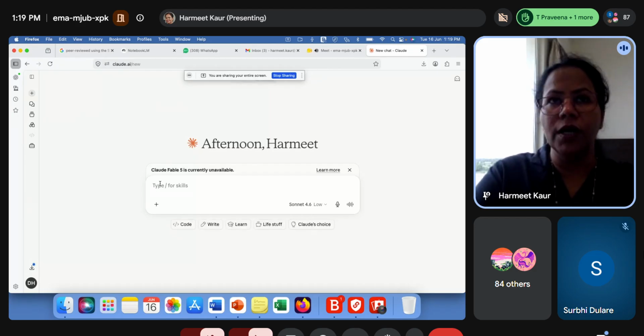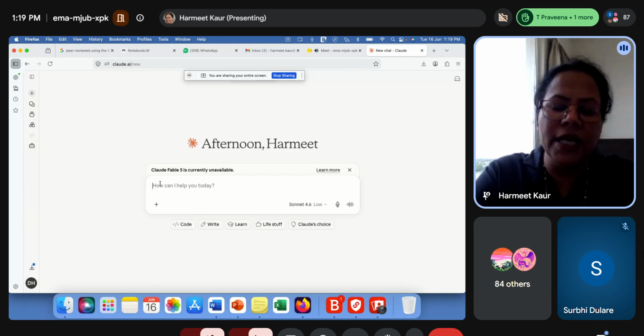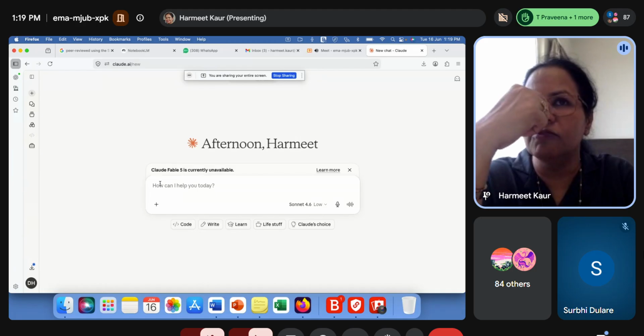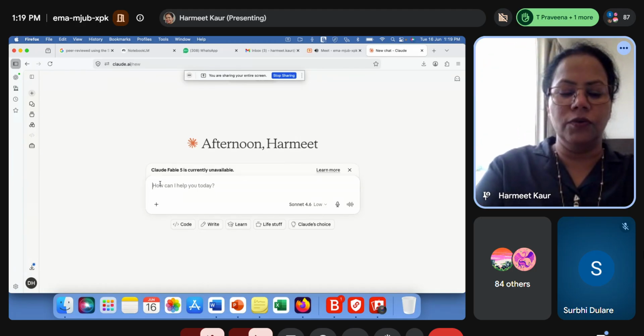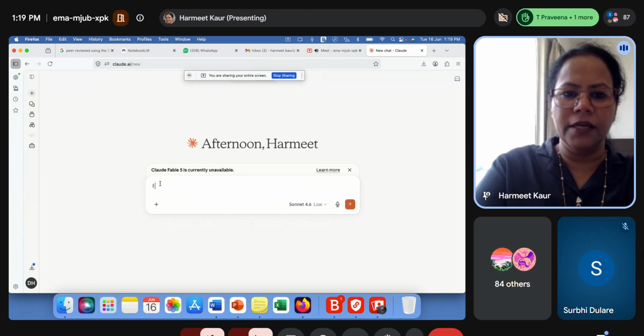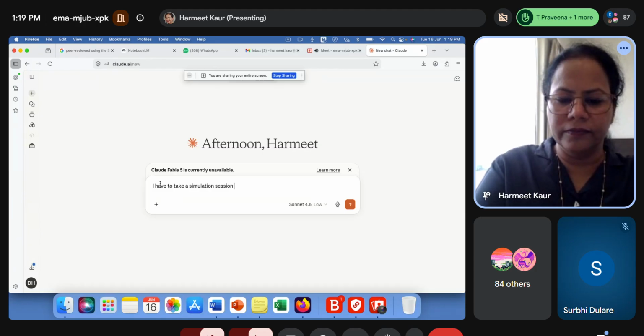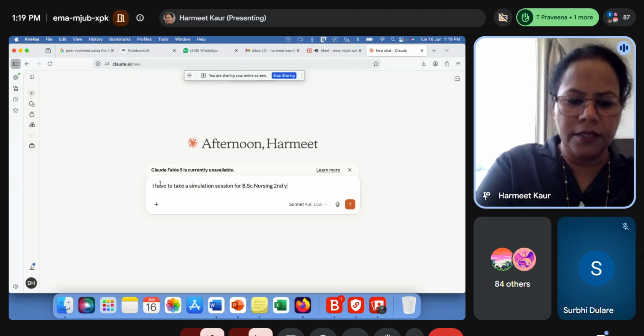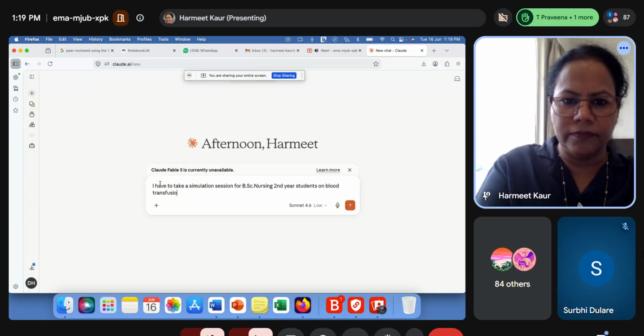For example, you want to develop a simulation case scenario on any topic. You can take blood transfusion and checking for side effects during the blood transfusion. You have to give the prompt that I have to take a simulation session for BSc nursing second year students on blood transfusion.